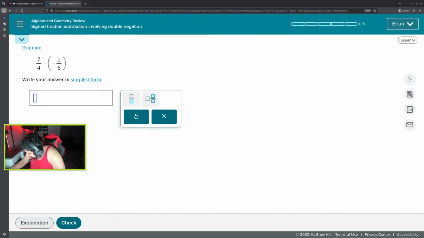So it's more clean, we can literally erase it, and you convert all that to a plus. But just make sure that the denominators are the same. So let's do that. Make the denominators 12, and then add them together.